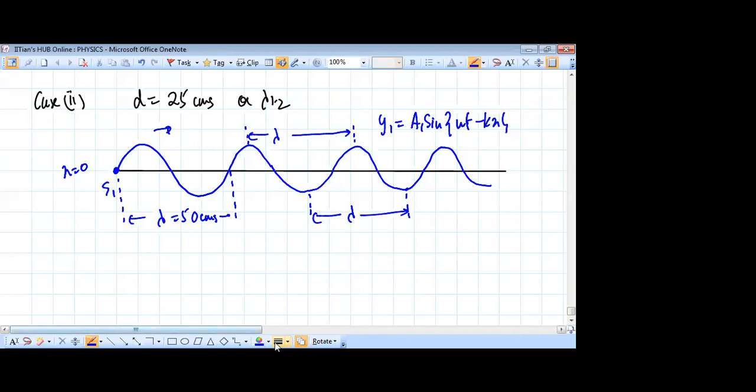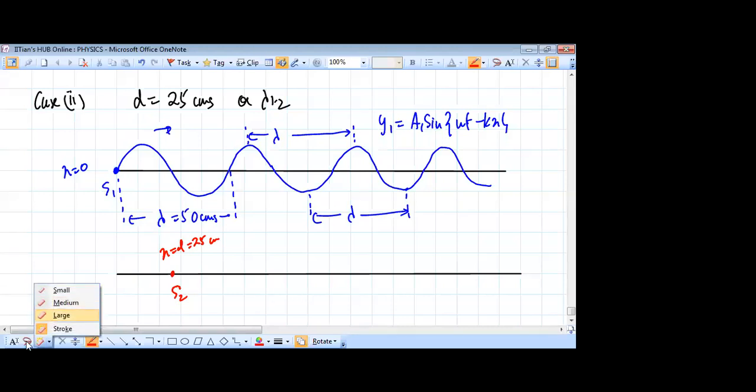Now here the individual wave by S2, how would that one have looked? Let's also understand that. So if I had looked at the y2 wave individually, because of the source S2, I would have seen that the source S2 is located somewhere here. S2 is located here at x equal to d, where d was 25 centimeters. And what kind of wave would this source have created?